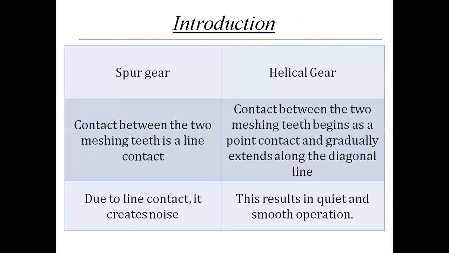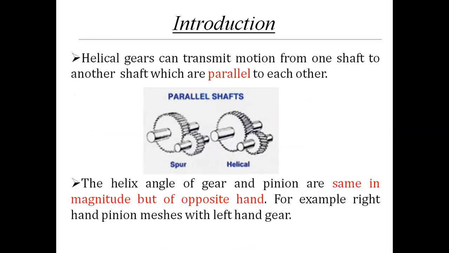See, the contact between the two meshing teeth. In case of spur gear, the contact between the two meshing teeth is a line contact, as teeth are parallel to axis of rotation. Here you can see that teeth of spur gear are parallel to axis of rotation. So the contact between the teeth of pinion and teeth of gear is line contact.